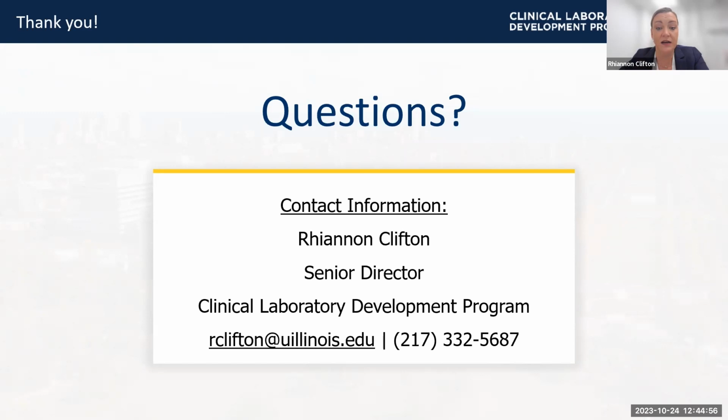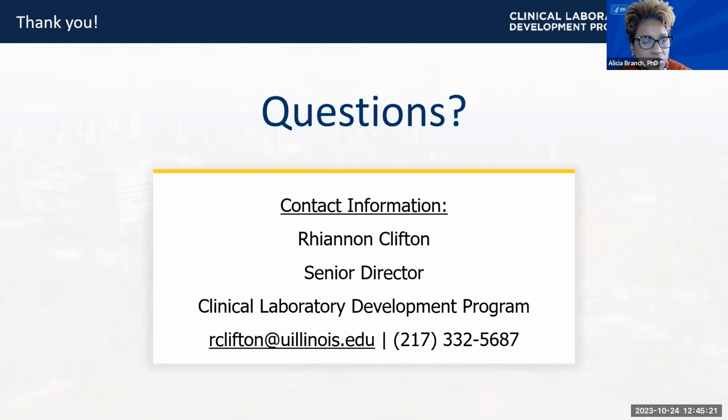The high complexity testing would be based on the CLIA regulations around that, so the biology and chemistry requirements. We will review transcripts upon application to determine which track an applicant would be, whether that be moderate or high complexity testing. Okay.